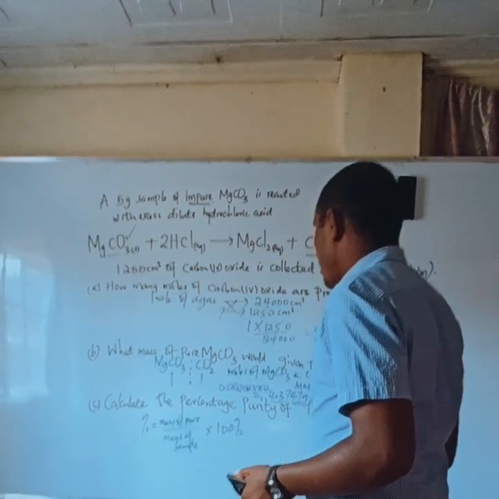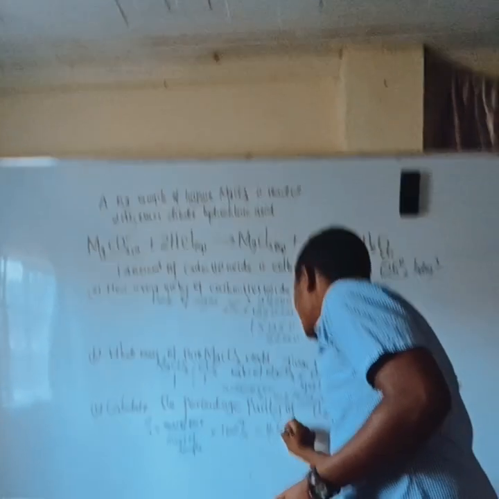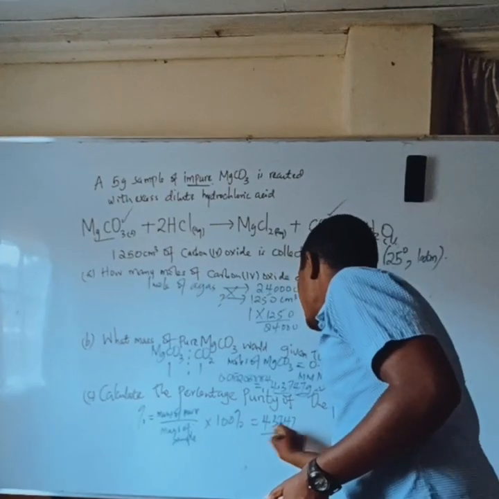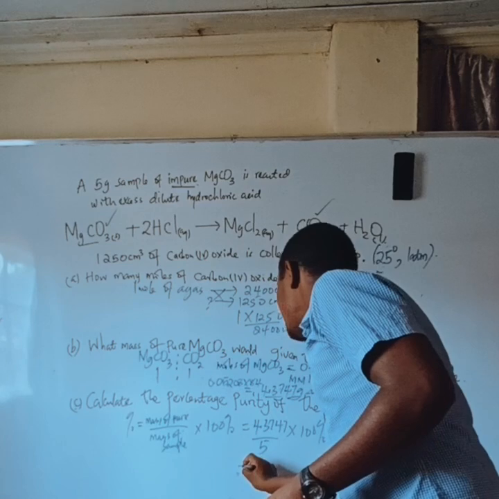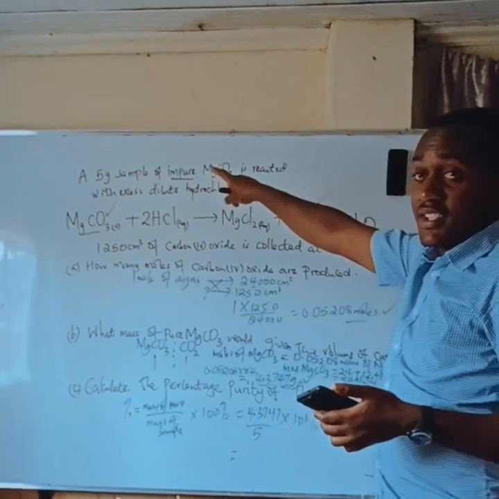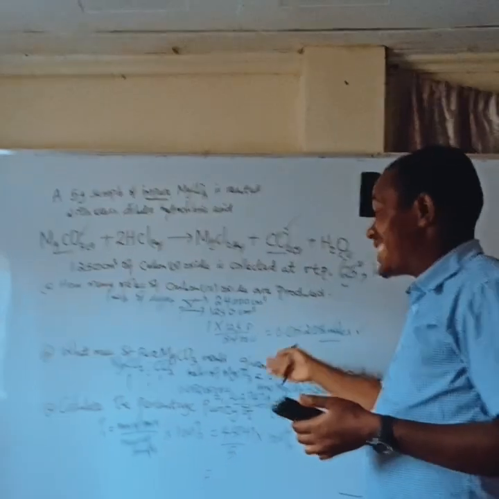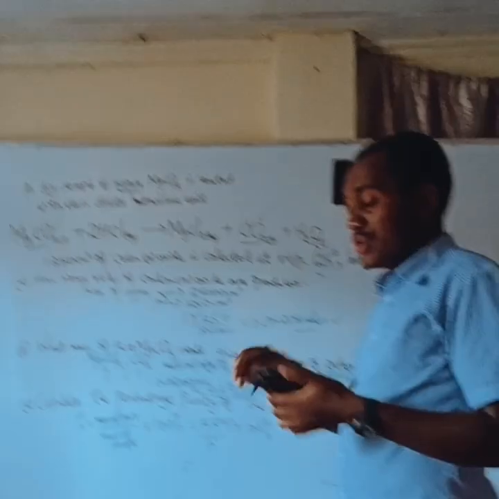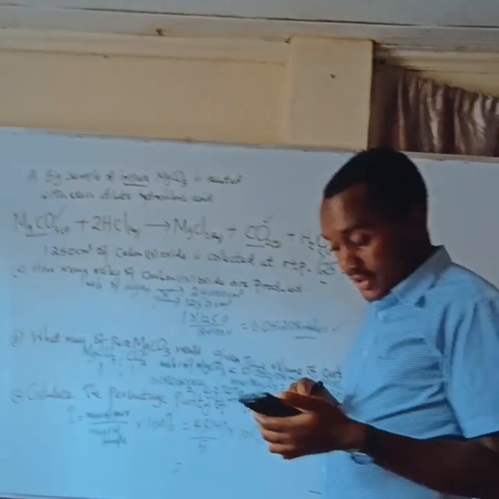The mass of the pure that we calculated was 4.3747, divided by 5 times 100%. This is the percentage purity, because we had the impure sample, which is 5 grams, and this is the mass of the pure that reacted. We have used mole ratio and stoichiometry, the relationship of reactants and products, to find that.